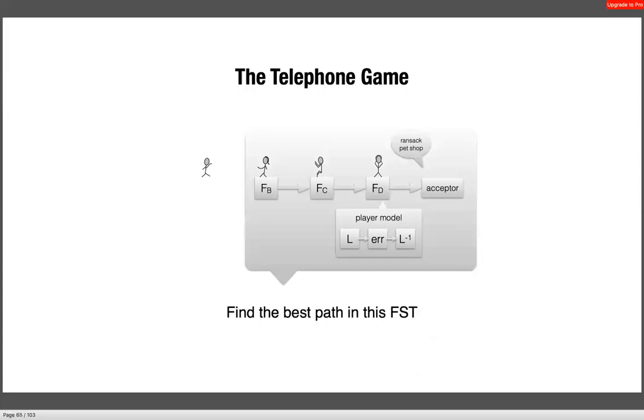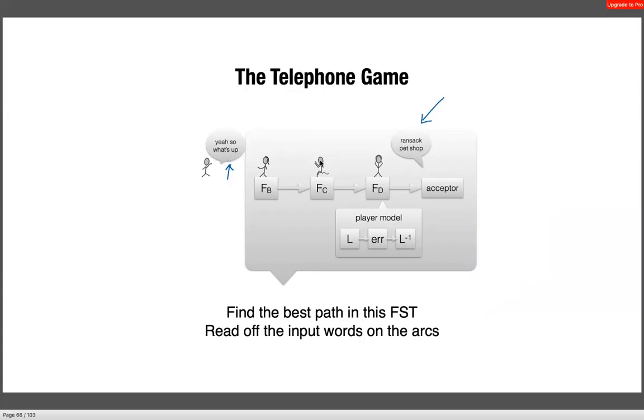Now I'm going to compose all of these machines together, and then I want to find the best path in this resulting mega machine. If I read off the input words on the arcs of this composed machine and find the shortest path, let's assume the weights on all these machines are negative log probabilities, which means the shortest path would give me the most likely word sequence that this particular ransack pet shop could have mapped to.